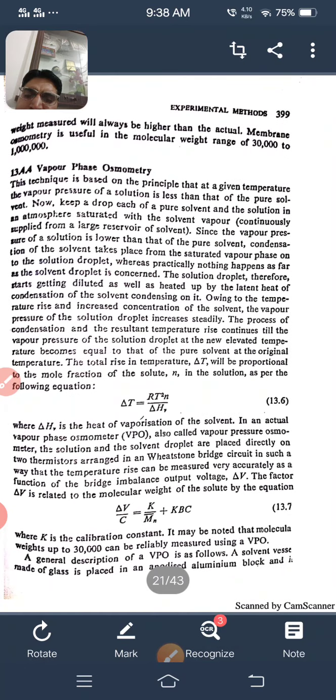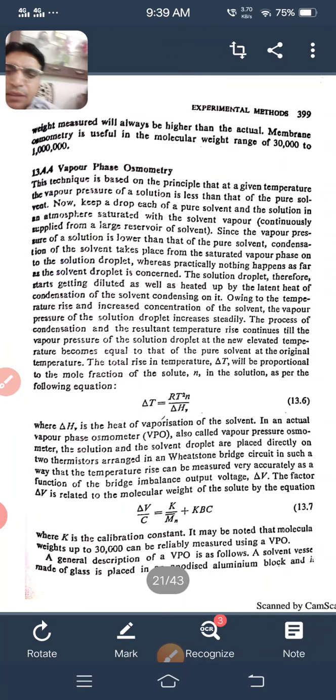In an actual vapor phase osmometer, VPO, also called vapor pressure osmometer, the solution and the solvent droplet are placed directly on two thermistors arranged in a Wheatstone bridge circuit in such a way that the temperature rise can be measured very accurately as a function of the bridge imbalance output voltage delta V. Delta V is the imbalance output voltage.